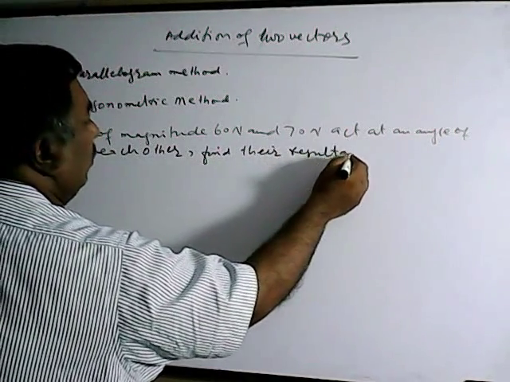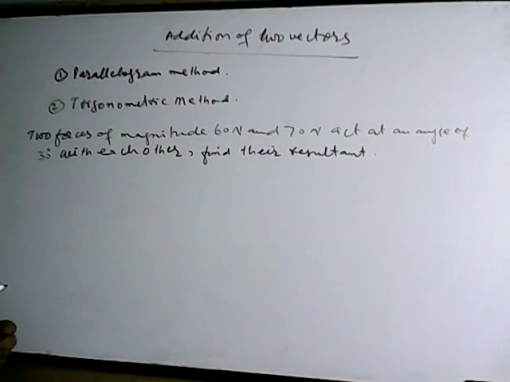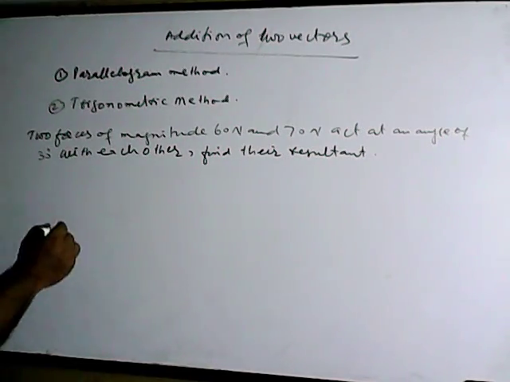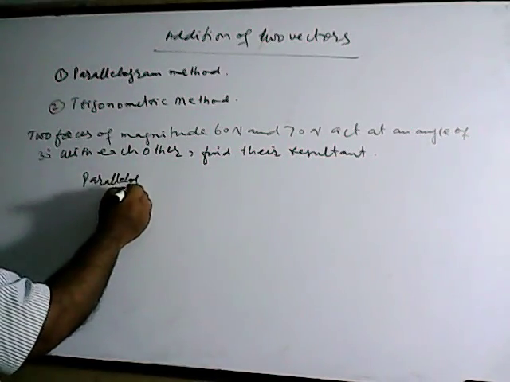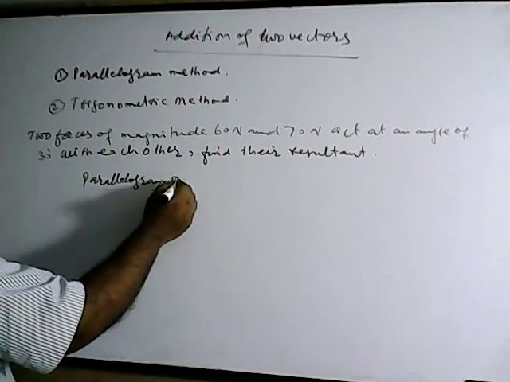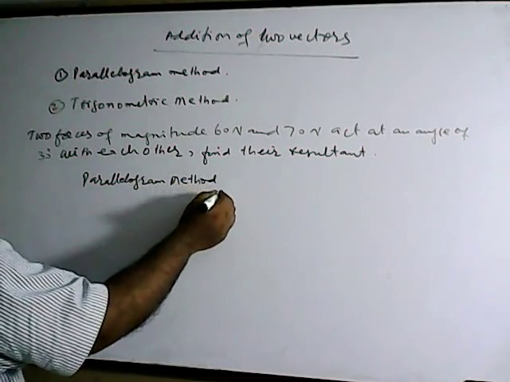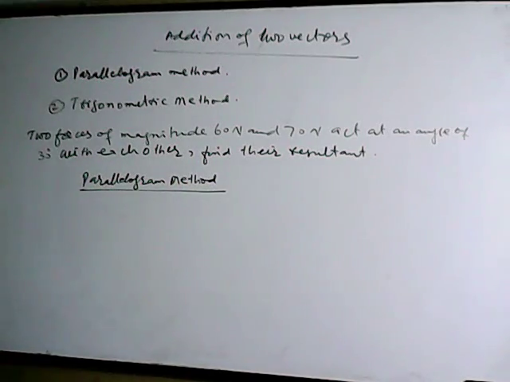Now first I will solve this part by using the parallelogram method, then I will be using the trigonometry method. First, because I have to set the scale initially, I am doing the parallelogram method first. Here the geometry and other things are not possible for me.